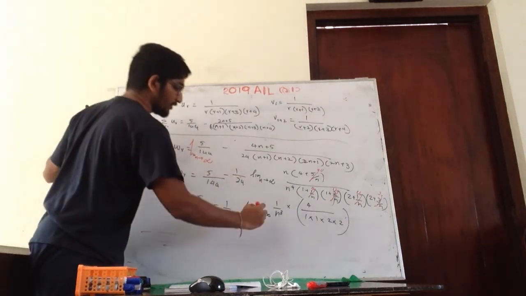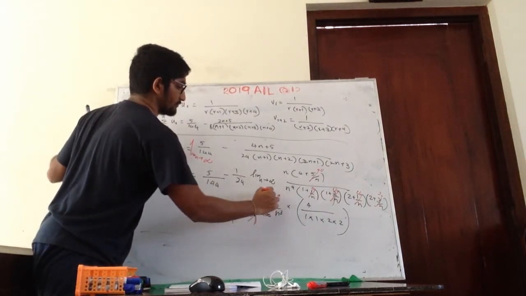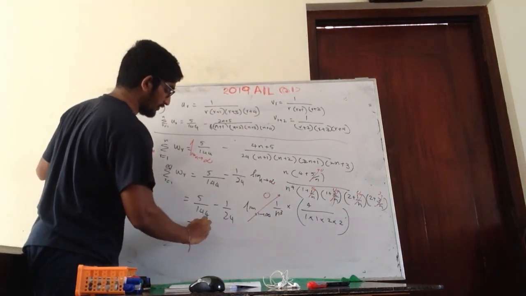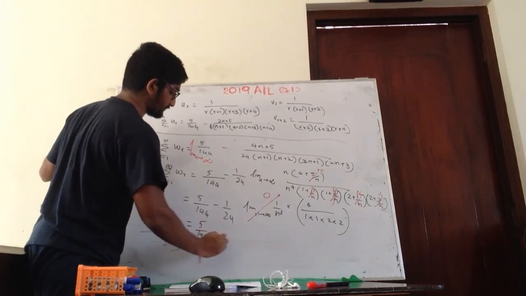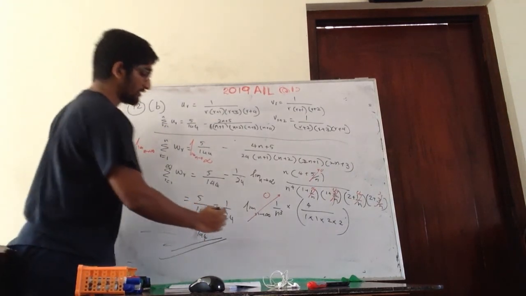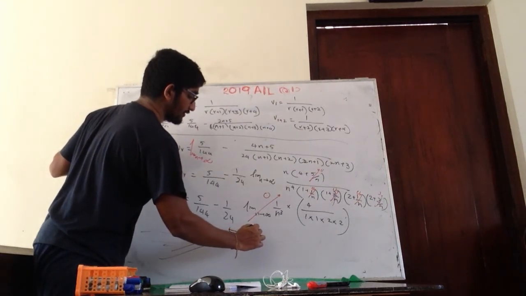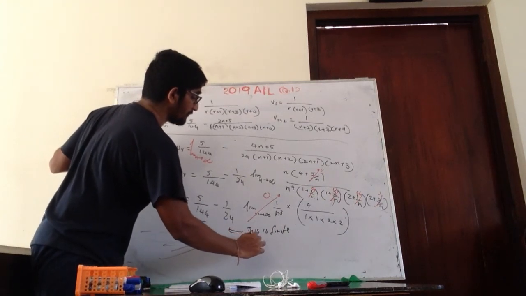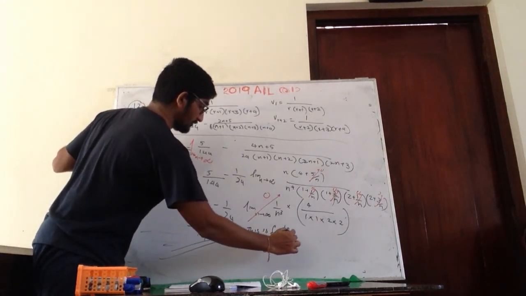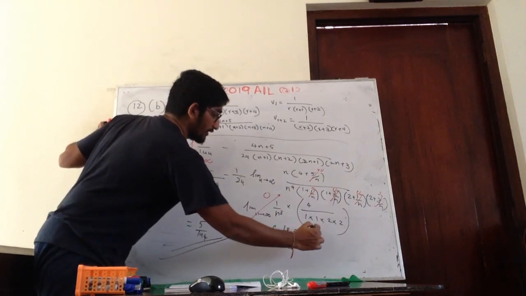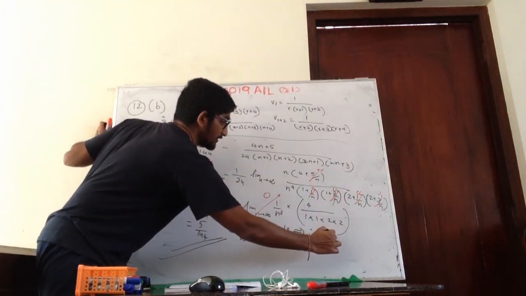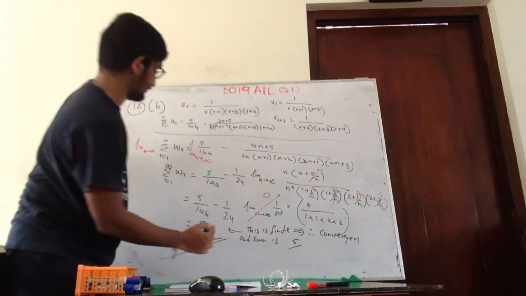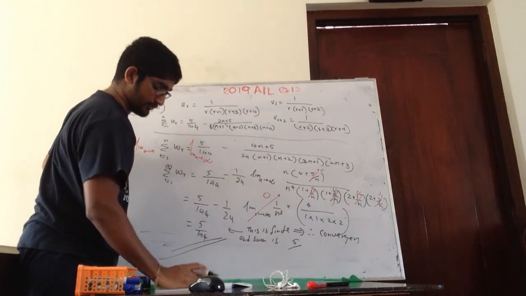But since this is 0, this whole part is 0. So the answer will be 5 over 144. So now this is finite. This is finite, and the sum is finite, therefore convergent, and the sum is 5 over 144.